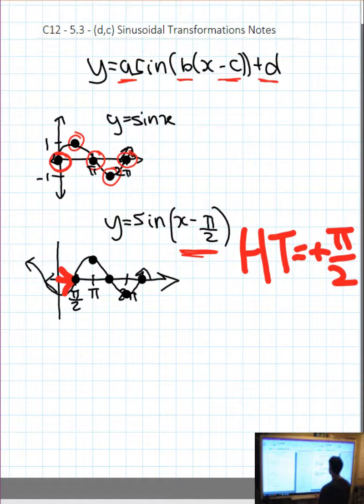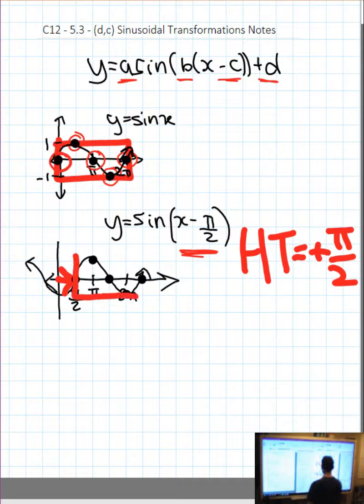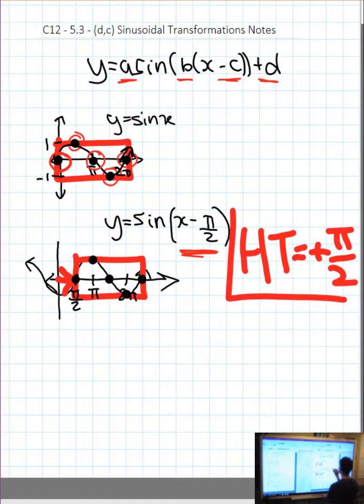So I'm going to draw sine's box again above, and I'm going to draw sine's box again below. And notice, all I've done is shifted sine's box pi over 2 to the right, because we had a horizontal translation of pi over 2 to the right, because it said x minus pi over 2, and we do the opposite of what you see inside the brackets.